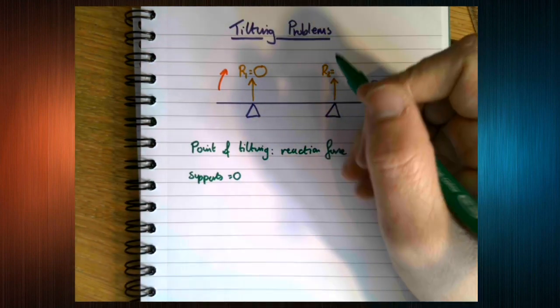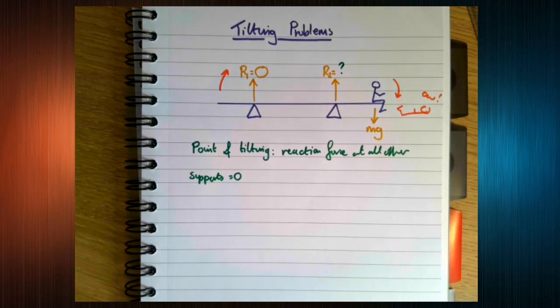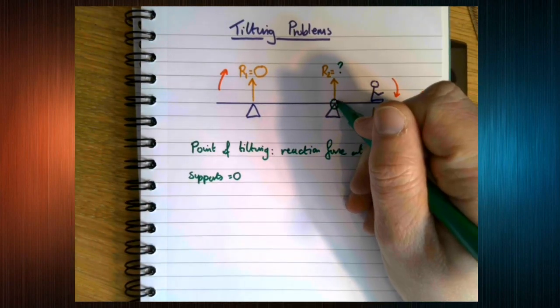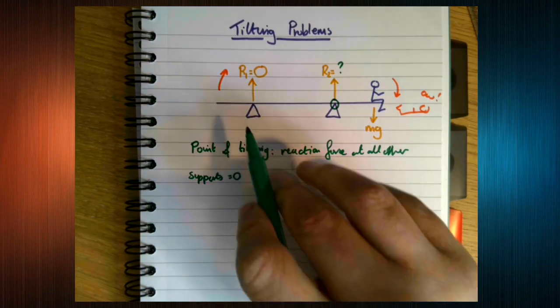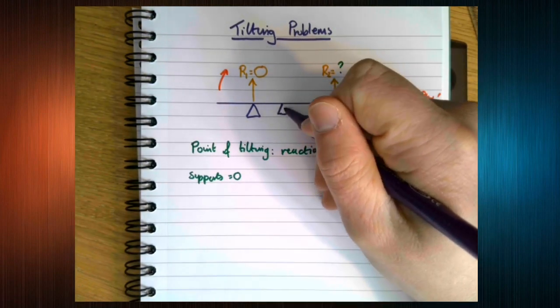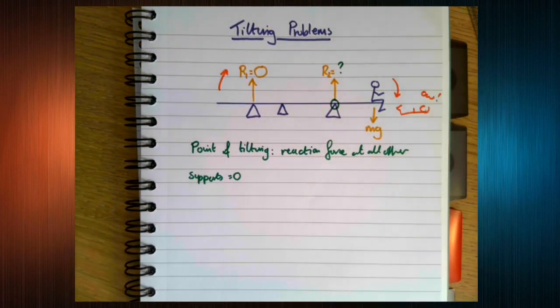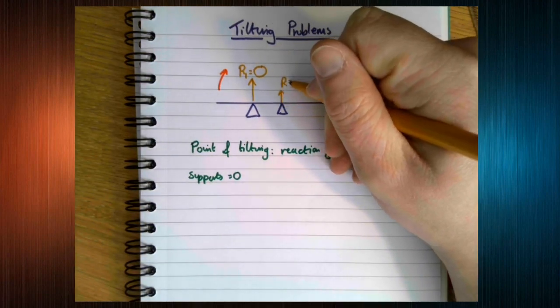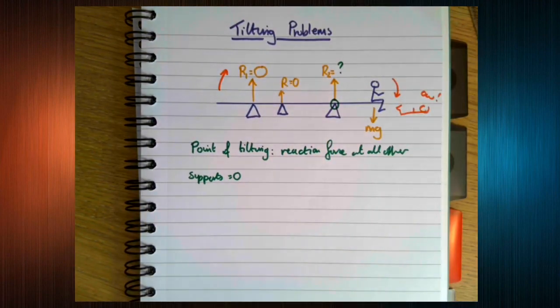So R2 here will have a value because we are pivoting around this point. This reaction force is 0. If we had another rest here and we're on the point of tilting, this reaction force would also be 0.